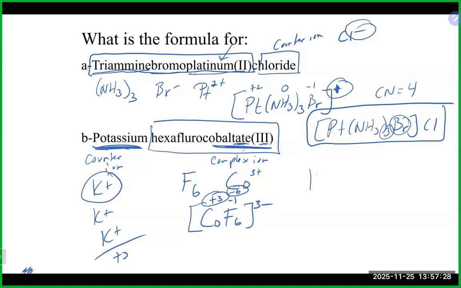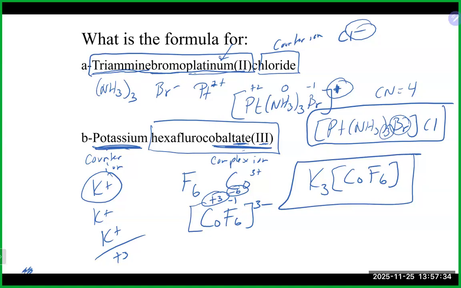And that would give us something like K3CoF6 in this case here. Question on that one there? With a coordination number of 6 in this case, as fluorine and all the halogens are monodentate.